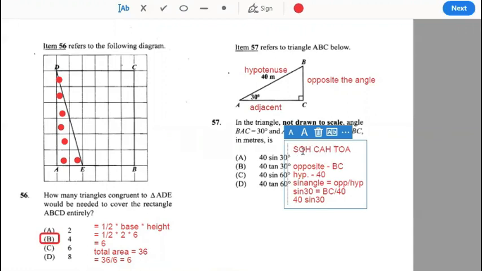Sine of the angle is equal to opposite over hypotenuse, cos of the angle is adjacent over hypotenuse, and tan is opposite over adjacent. So what they're asking for is opposite, which is BC, and hypotenuse we have, which is 40. So we use sine. Sine of the angle, which is 30 degrees, is equal to BC divided by 40, and we're going to find what BC is. So we transpose and get 40 sine 30, and our answer is A.